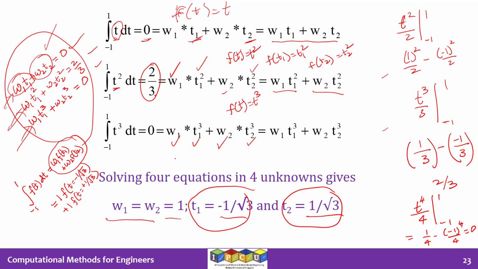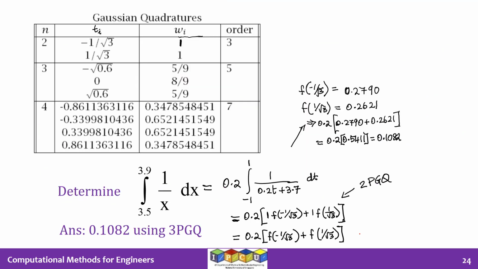But given that you have chosen to have only 2 elements on the right hand side, this idea tells us that the weights are equal to 1. And the values of t that you should be probing the function at, or the best experimental points, are t equal to minus 1 by root 3 and t equal to plus 1 by root 3. So people have already worked on these things to make life easy for us.